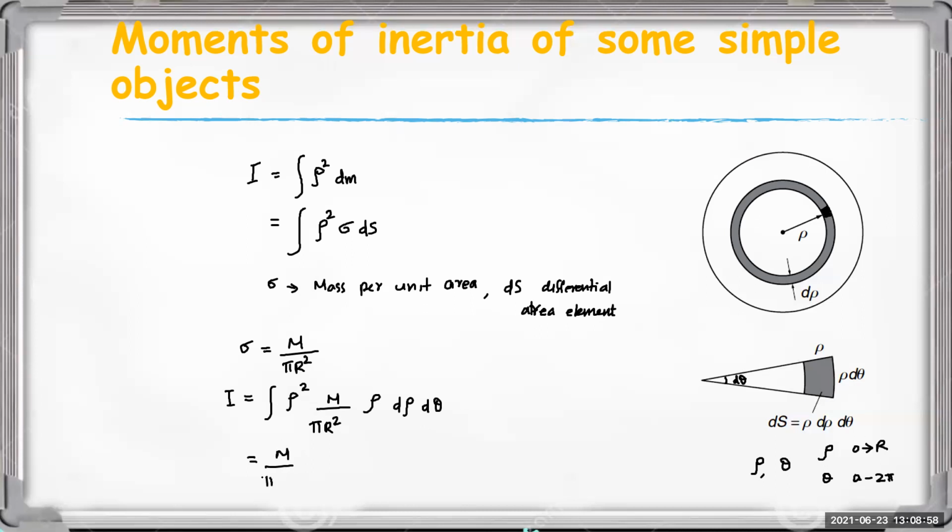Then first I give the limit in rho, that is 0 to R. Here there is a rho and there is a rho square, so rho cube d rho, and then 0 to 2 pi only for d theta.